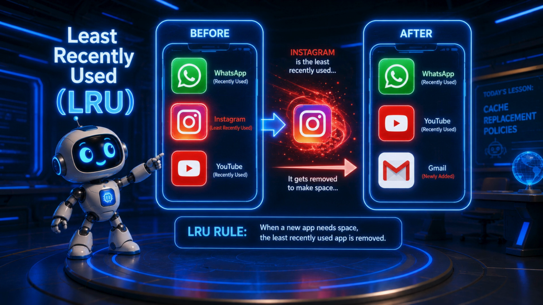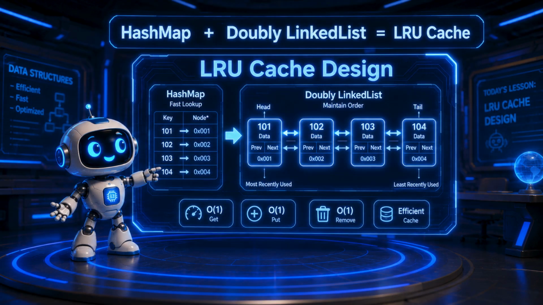For example, if I didn't use Instagram for a long time, it should remove Instagram from the list. So then the recently used apps are WhatsApp, YouTube and Gmail. This is LRU logic.